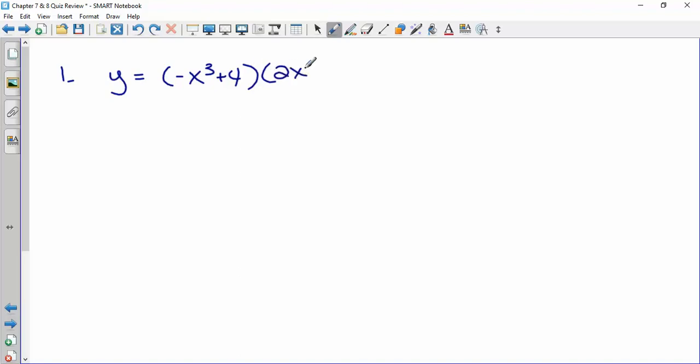So this is one that we could choose to multiply it out to begin with, but I'm going to practice the product rule, so I'm not going to multiply it out yet. So the derivative, y prime or dy dx, it is helpful for me if you mark when you start your derivative versus if you're just simplifying first. And if you did choose to distribute, that is perfectly okay here. So the product rule says you do one derivative at a time.